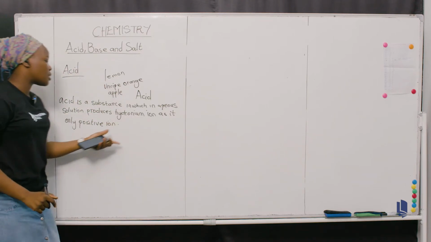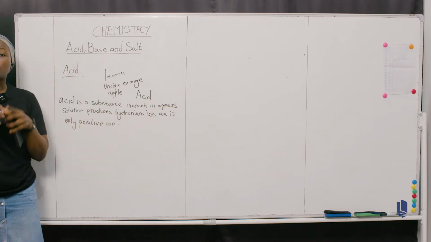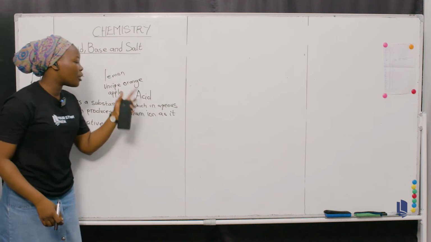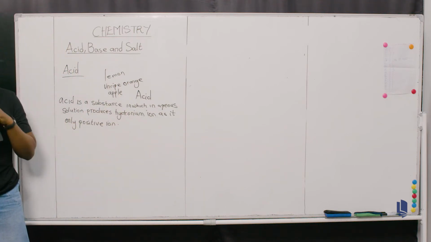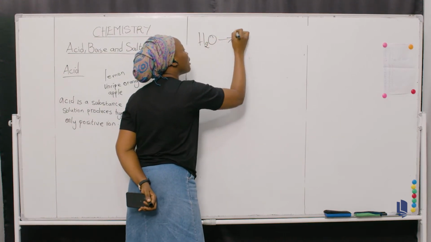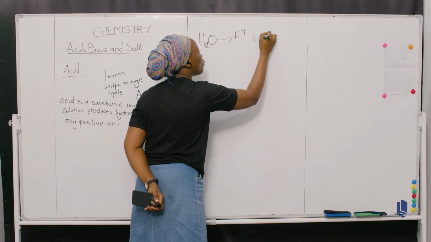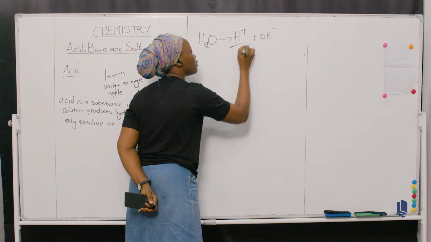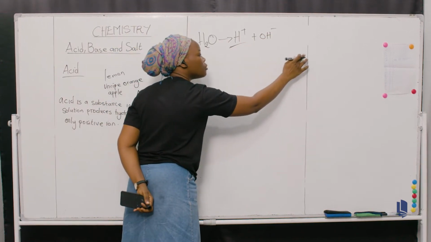Acid is a substance in which in its aqueous solution, that means mixed with water, produces hydronium ion as its only positive ion. That means H2O will give H plus and OH minus. This is the ion, the only positive ion.